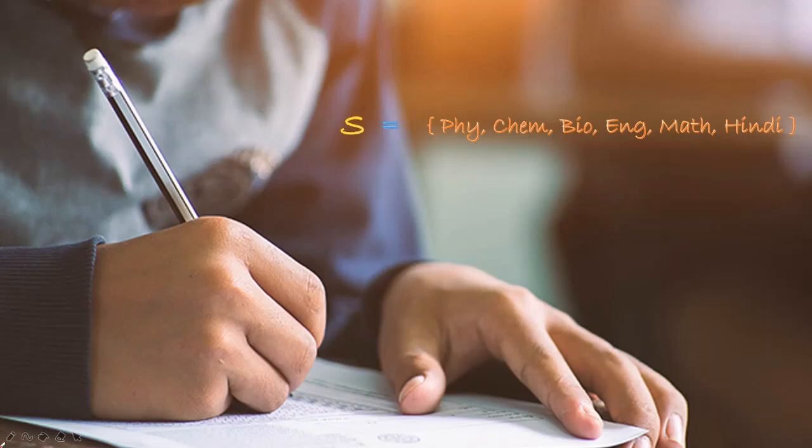Now, suppose there's an event E1 in which the student chooses science subjects. So E1 shows the student choosing science subjects. There's another event E2 which shows the number of students choosing the math subject, and another event E3 which shows the number of students choosing language.